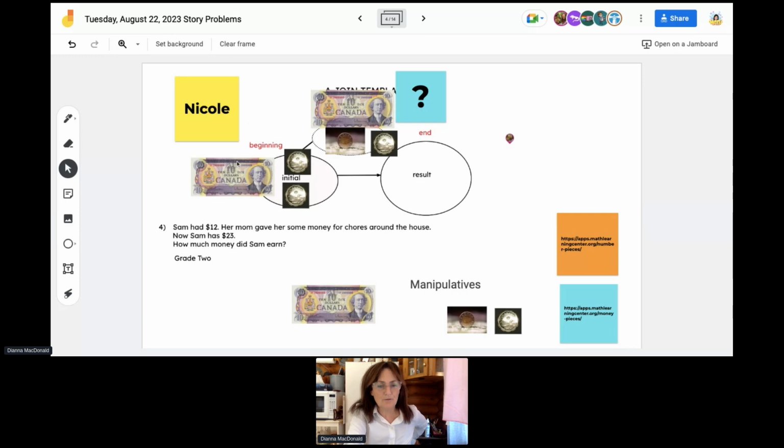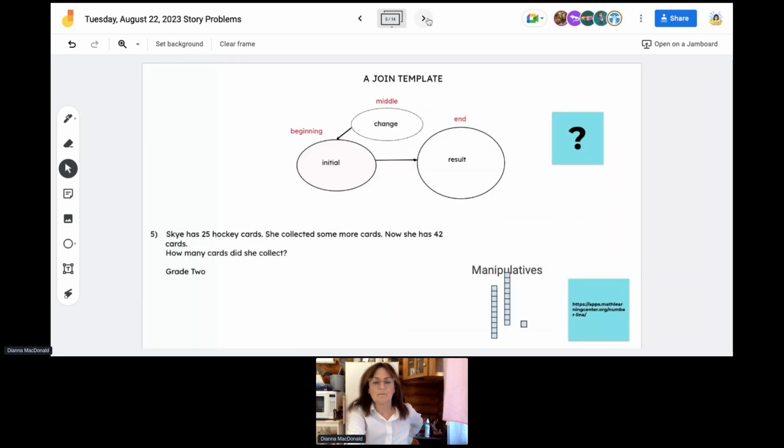She's got her $12 at the beginning, her question mark, and then she's got her $23. And how much money did Sam earn? So there's your $11, I think it is. Those are just showing you different grade levels, but the same structures.